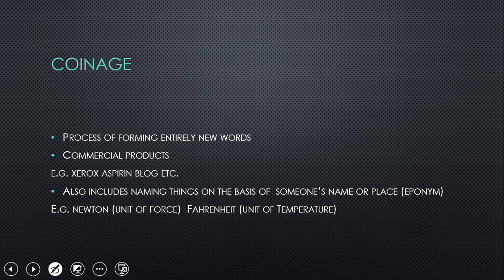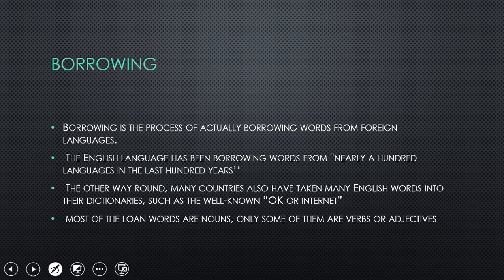So next comes borrowing, which I totally forgot to mention in my first slide when I was teaching you the initial lectures about word formation processes. Borrowing is actually the most important topic among these, because our English is composed of so many words that are borrowed from other languages.